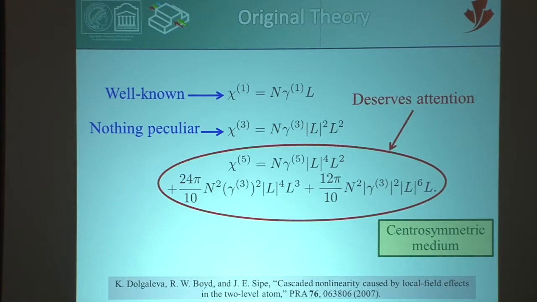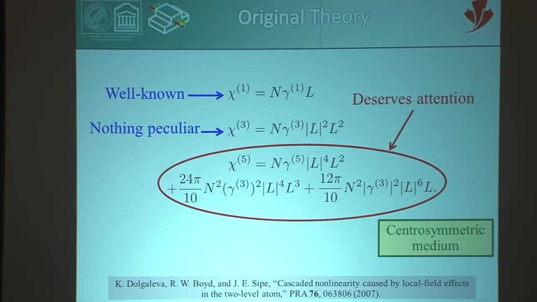What we expected is really just this top term here. But what we ended up with is a couple more terms. These two additional terms that we did not expect initially scale as n squared, the atomic density squared, and depend on the hyperpolarizability of the third order, which is the lower order nonlinearity, contributing to the higher order nonlinearity squared.